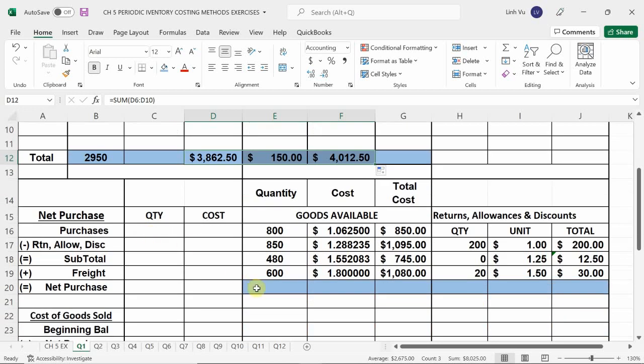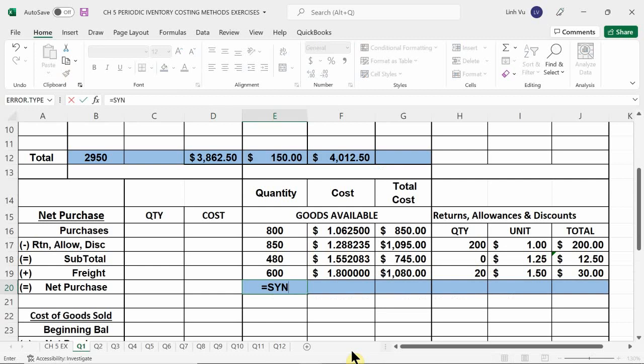Okay. And then let's go ahead and add up my total goods available. Because this is what I purchased, and this is what I actually have now in my inventory.